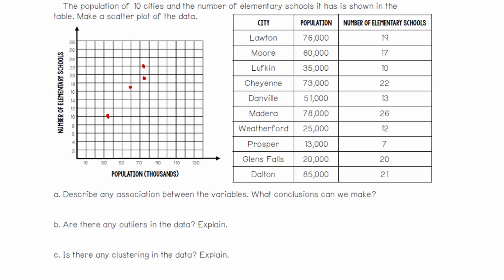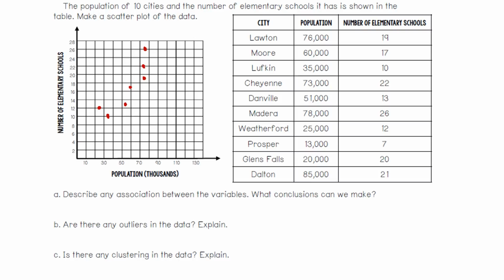For Danville City, we have 51,000 people and 13 elementary schools. For Madeira City, we have 78,000 people and 26 elementary schools. For Weatherford City, we have 25,000 people and 12 elementary schools.